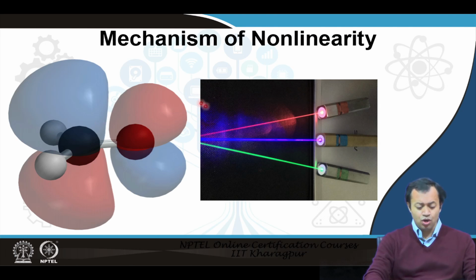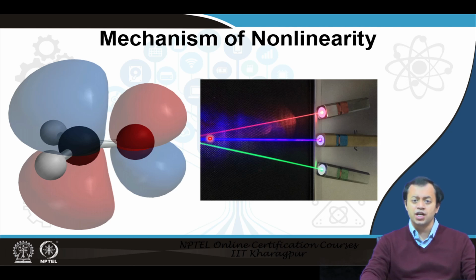What happens because of this intense light beam working on top of the electron cloud is that the redistribution of the electron cloud results in setting up virtual energy states or virtual quantum states. What are they, you ask? Wait, I will let you know.